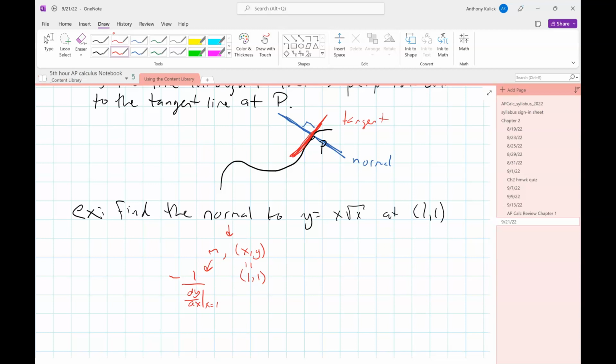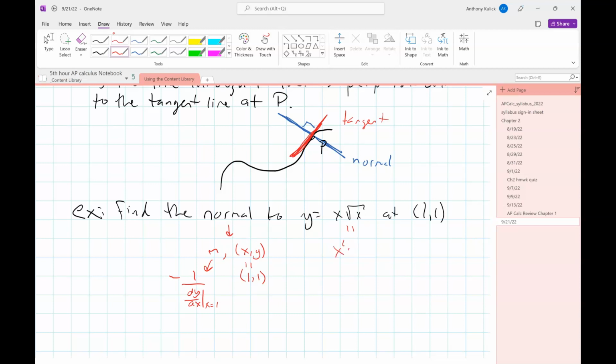All right, so let's find the derivative of y equals x root x. First thing I'm going to do, the way it's currently written, x root x, can I take the derivative of that? Nope, not the way it's currently written.